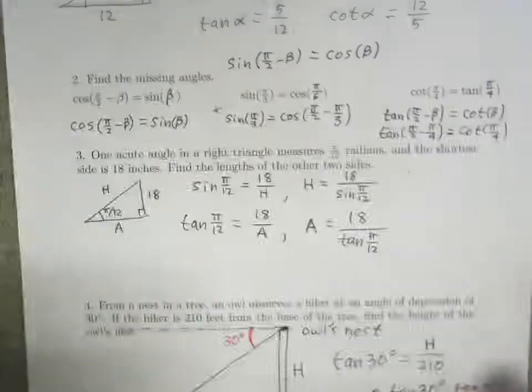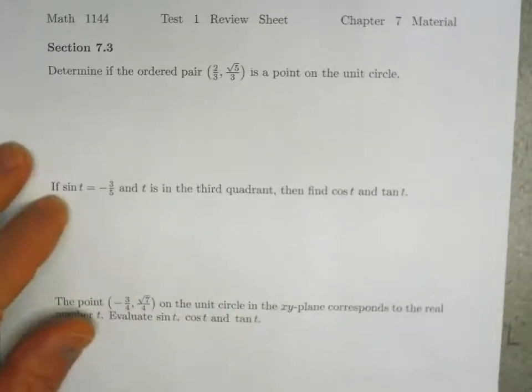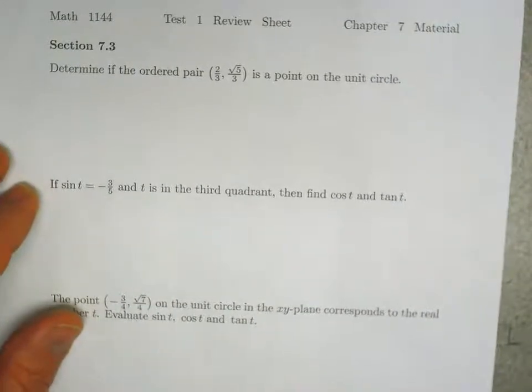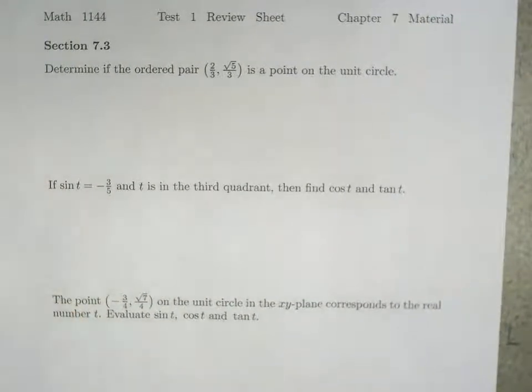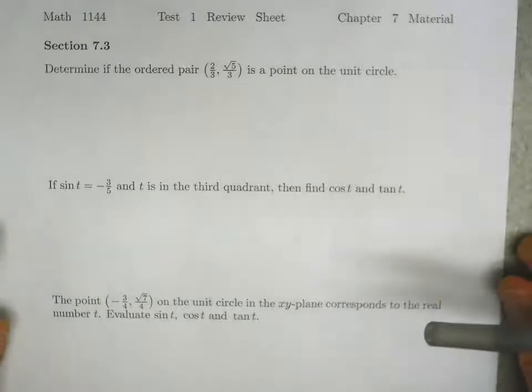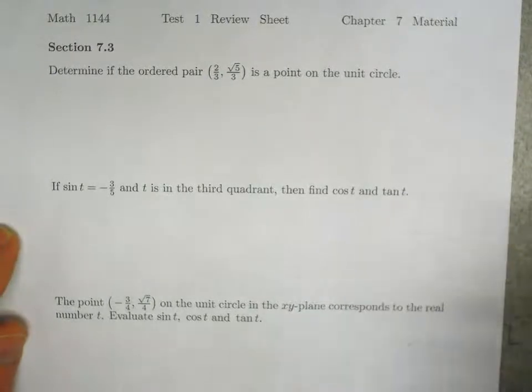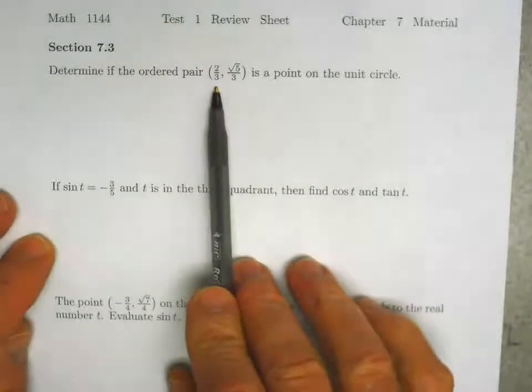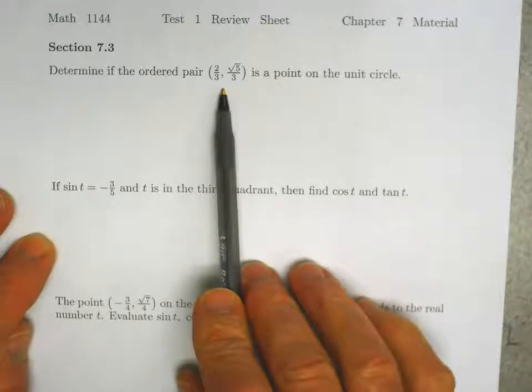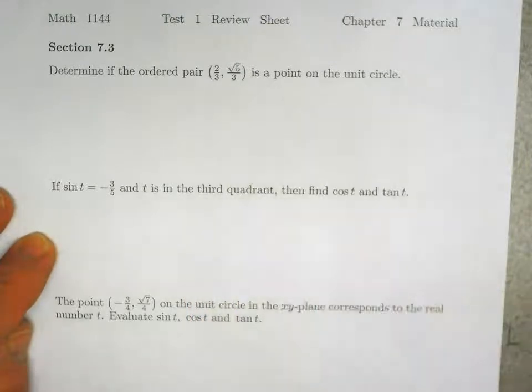Okay, the next sheet for 7.3 problems. Determine if the ordered pair 2/3, comma, square root of 5 over 3 is a point on the unit circle.